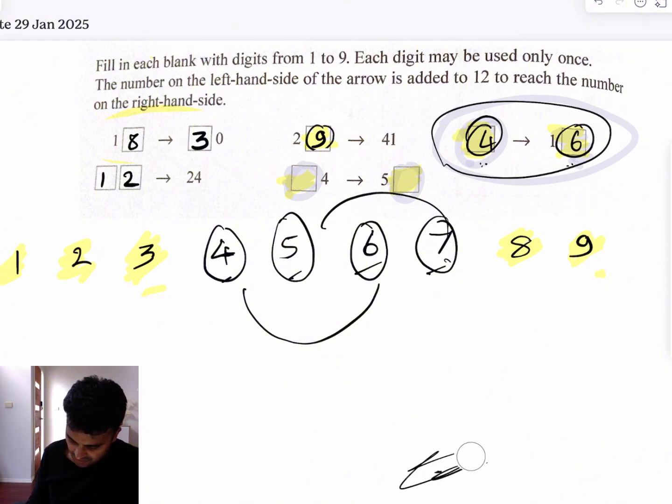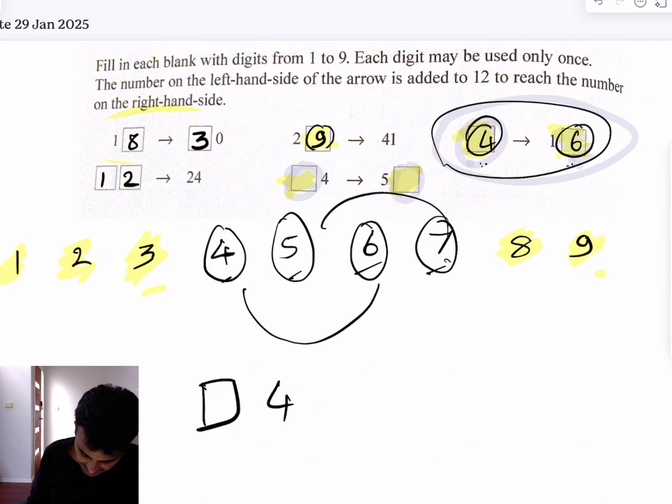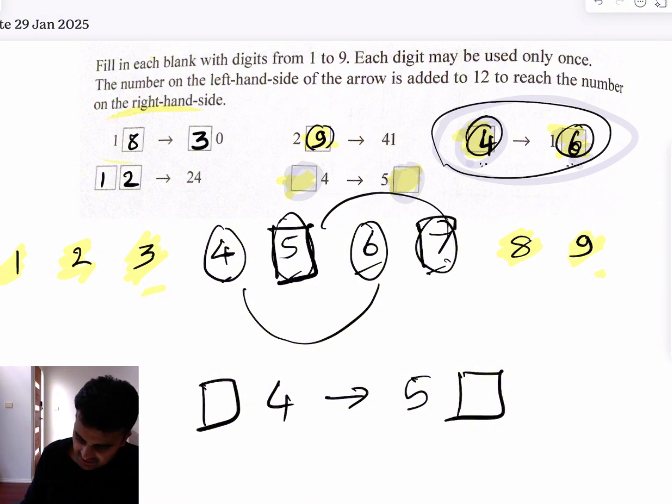Okay? Now, let's see 4 box equals 5 box. Let's say we used 4 and 6 over here. We used 4 over here and 6 over here, which means the only ones remaining are 5 and 7 over here.